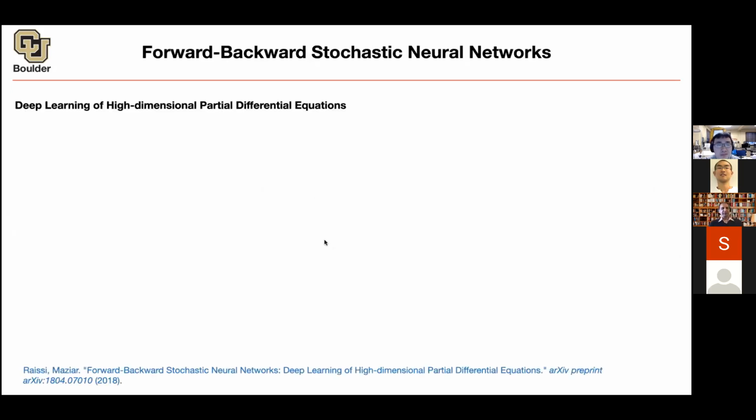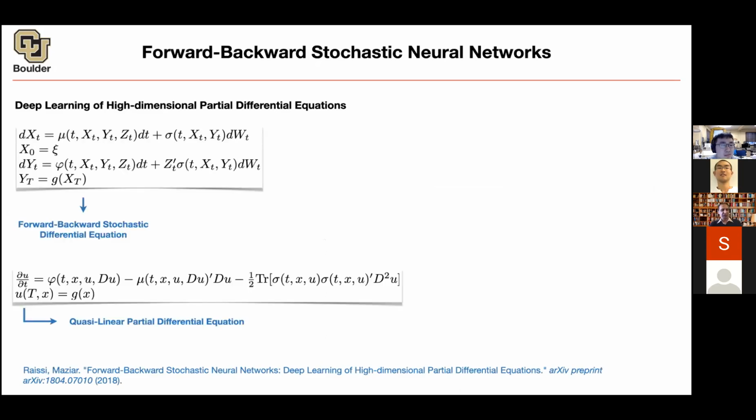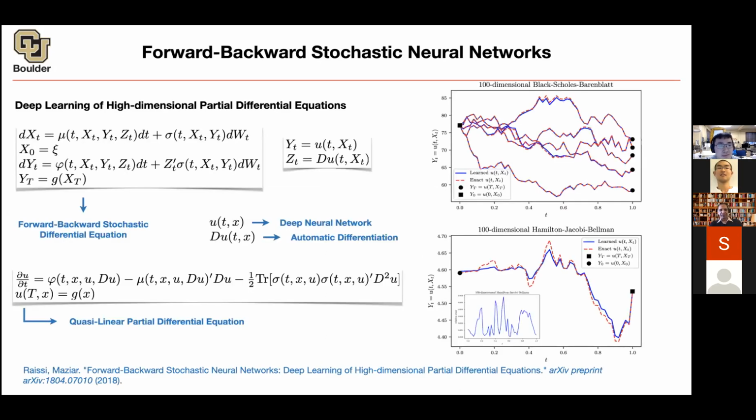Can you use the same framework for solving high dimensional problems? This one I'm gonna skip. The answer is yes, you can solve 100 dimensional Black-Scholes, you can solve 100 dimensional Hamilton-Jacobi-Bellman, and these are the type of problems that you cannot solve using finite differencing. Because in 1D, you can put 10 points. In 2D, you need to put 10 to the power 2 points. In 3D, you're gonna have a mesh of the size of 10 to the power 3 points.